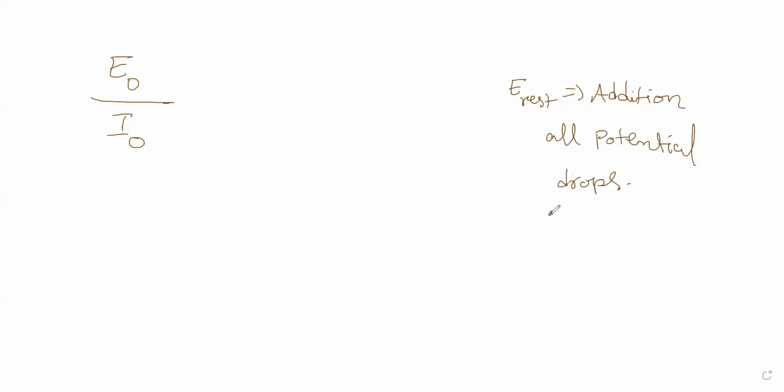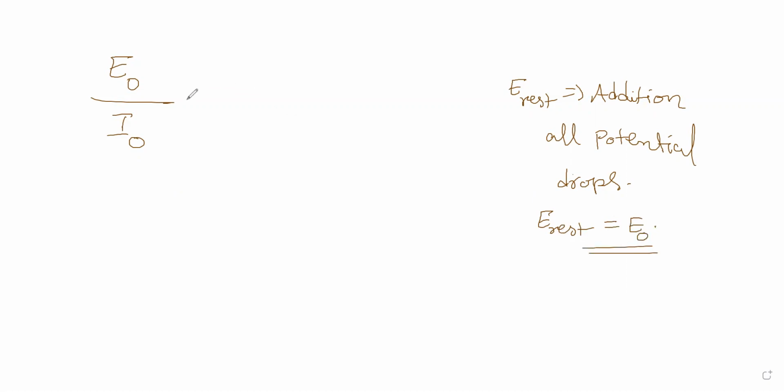Why have I written E naught? Because the resultant is the total EMF. E resultant is the addition of all the potential drops. So E resultant is equal to E naught.